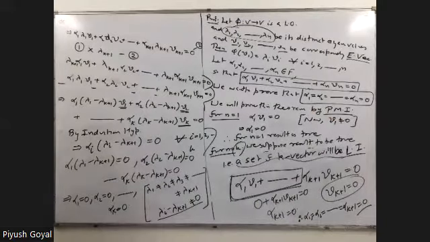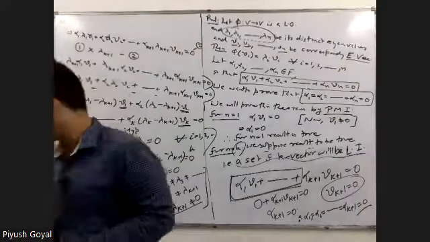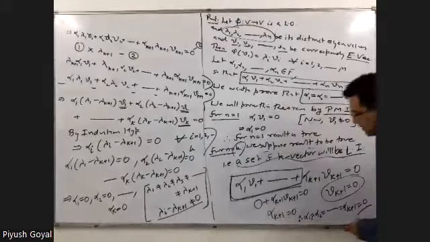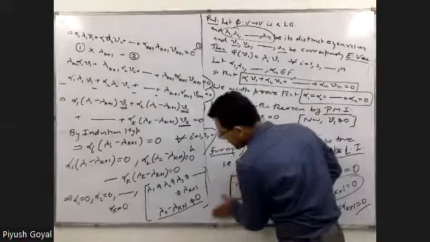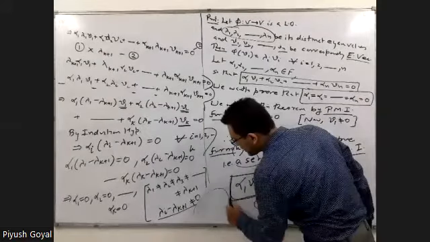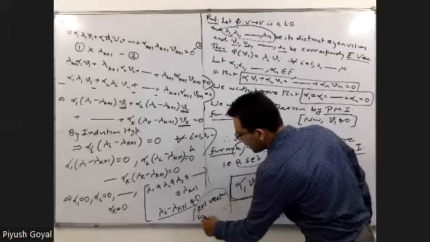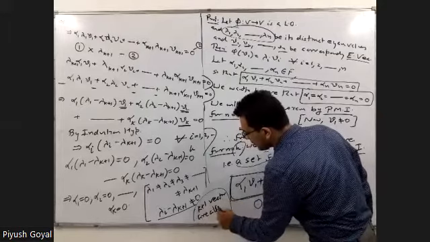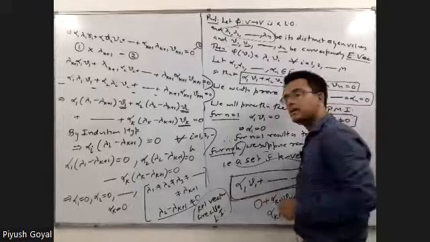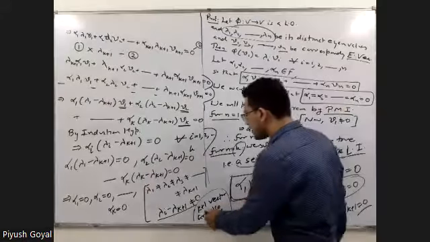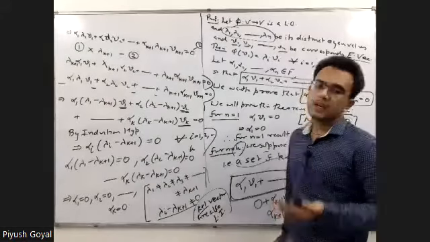So you will say that all these alpha 1, alpha 2 up to alpha k plus 1 are equal to 0. What does it mean? It means that k plus 1 vectors are also linearly independent.